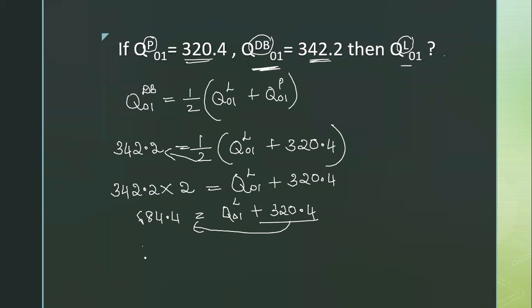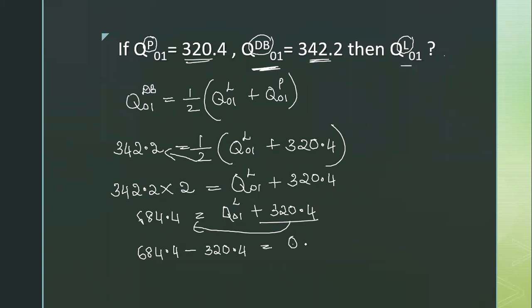What will happen? 684.4 minus 320.4. When it is plus and you take it to the opposite side, it becomes minus.